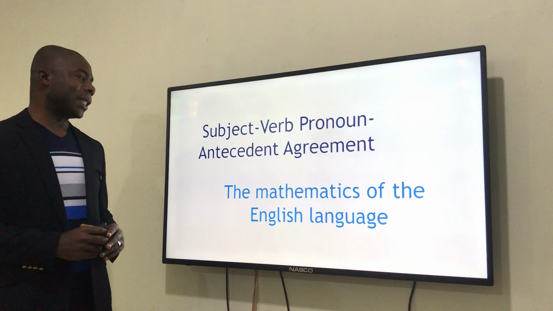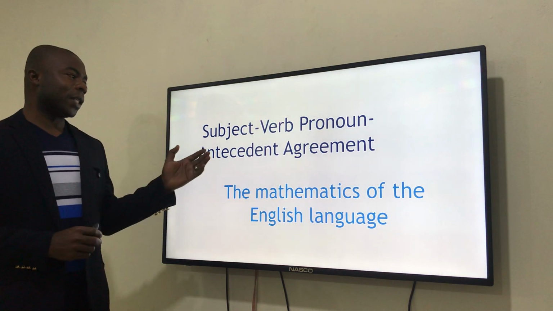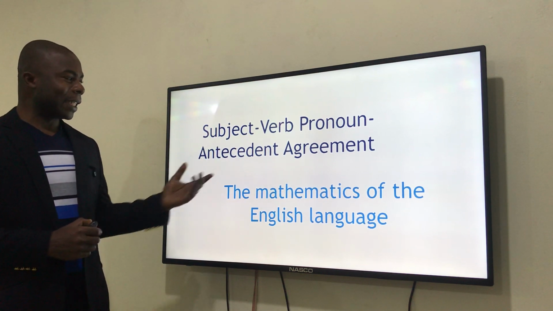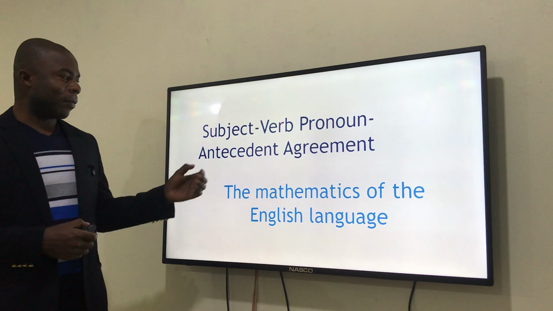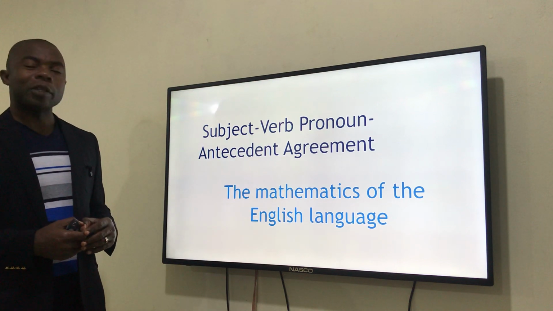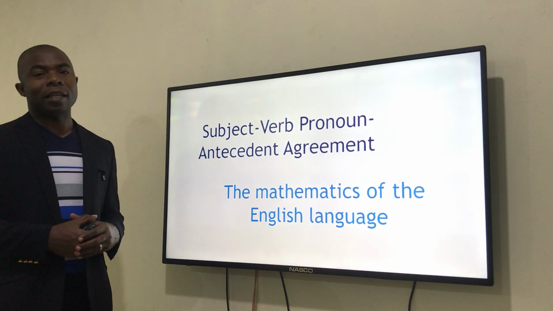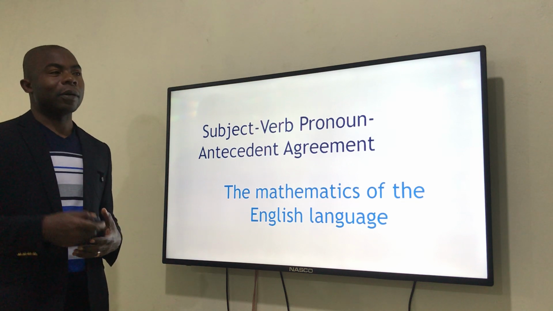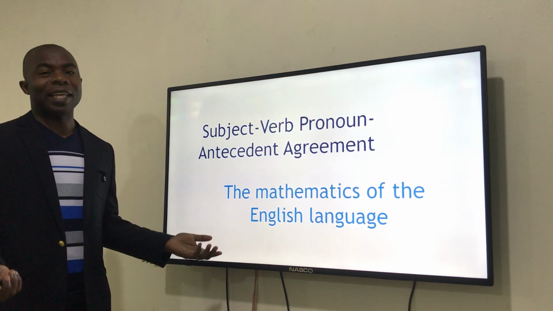Subject-verb pronoun-antecedent agreement. You know what subject and verb are. You know what a pronoun is. Antecedent is what the pronoun refers to. So if we say, for example, Cosmas is happy, he is happy. The he refers to Cosmas. So Cosmas is the antecedent for the pronoun he.